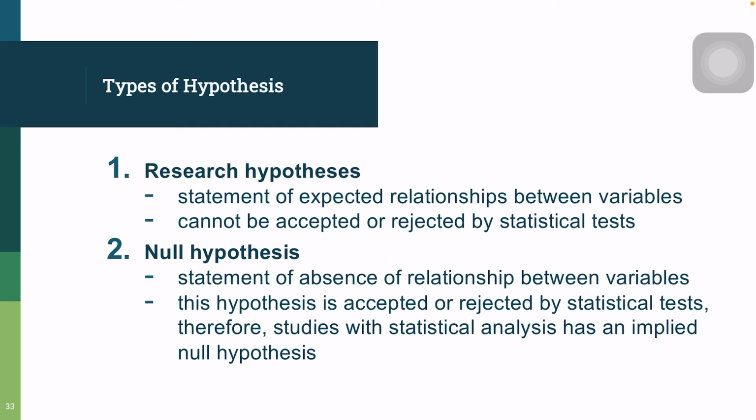So one would say that this specific independent variable has a relationship with a dependent variable. That is your research hypothesis. Null hypothesis, on the other hand, states that there is no relationship between the two variables, and you can determine this through statistics, whether you accept or reject the hypothesis.